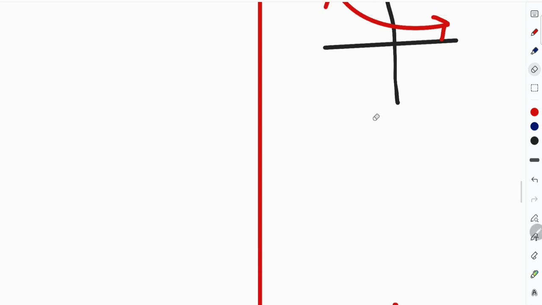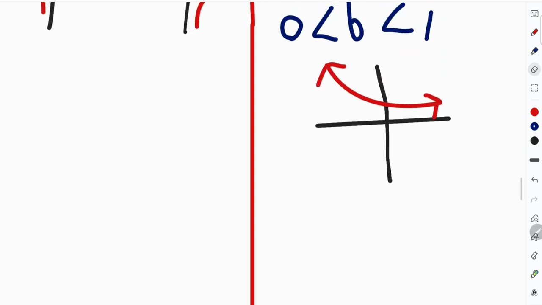Since it's only restricted horizontally, it won't be able to cross this line because of this restriction, but you can still go to positive infinity and to -infinity for your x values.